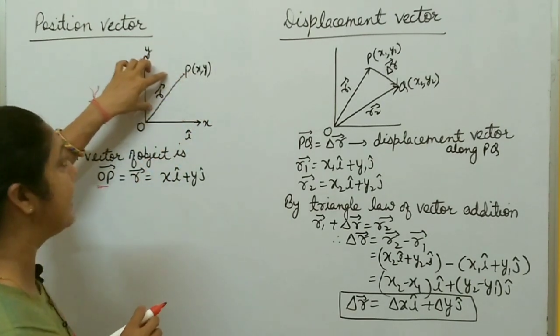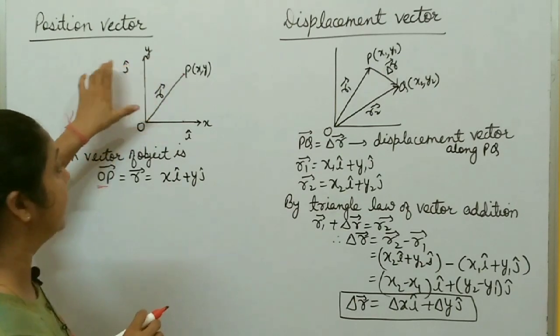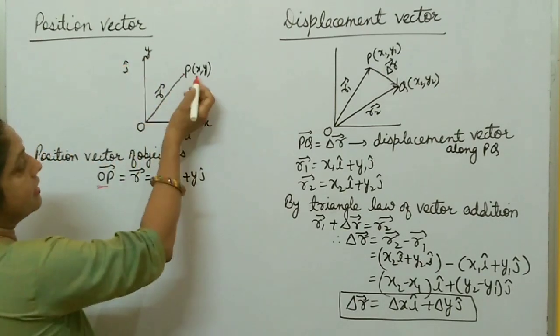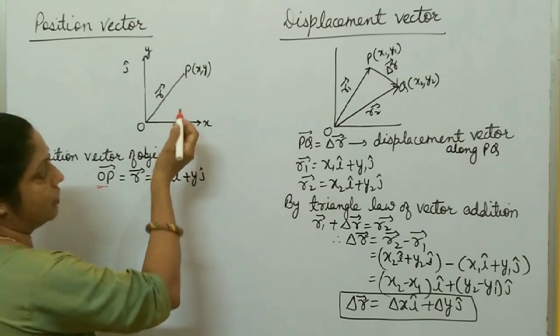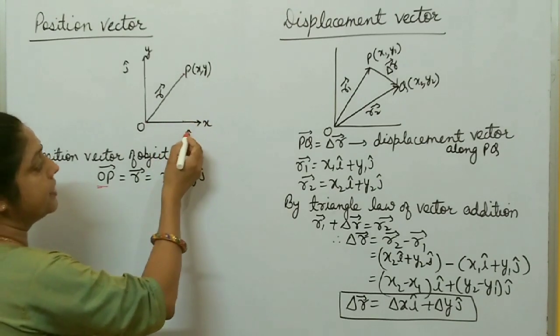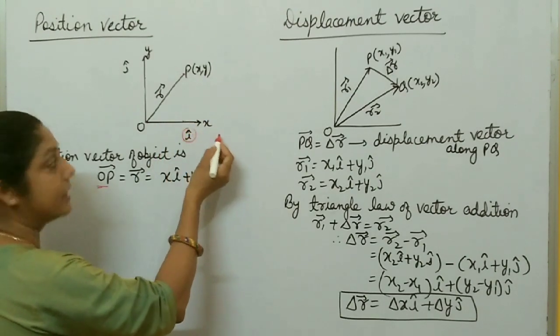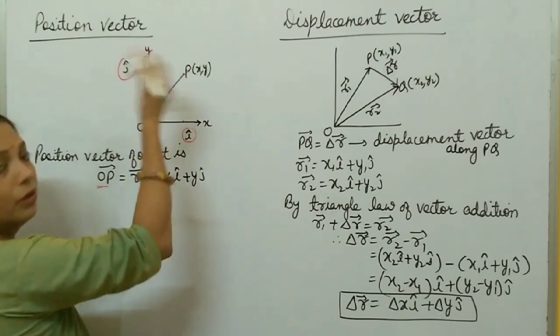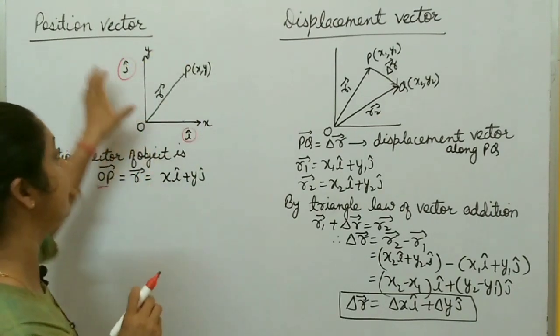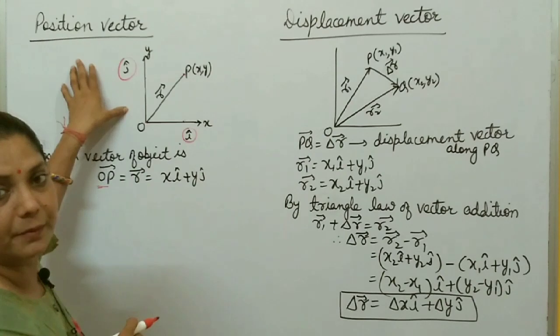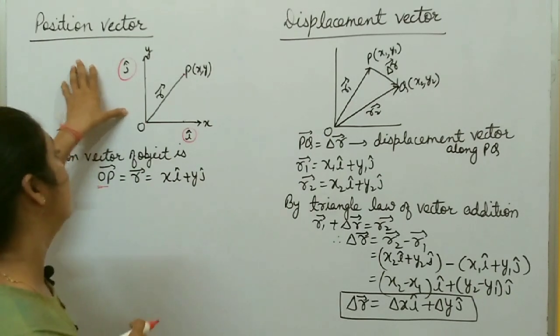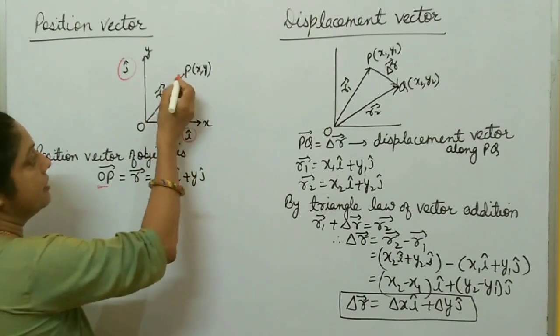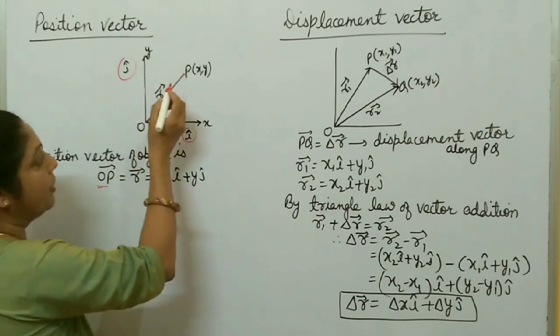And how do you write it mathematically in rectangular components? Its coordinates are given by (x, y). Here I am going to use unit vector i along the x-axis and unit vector j along the y-axis. We already discussed these things in part 1 of this chapter, the vector analysis one shot. So suppose the position is at this point.